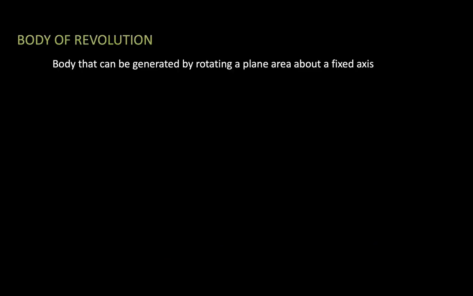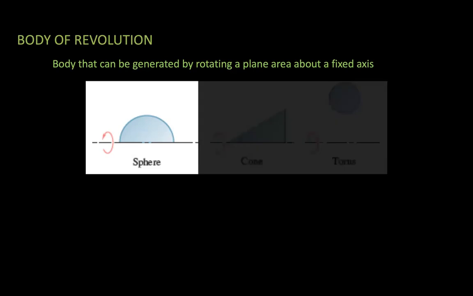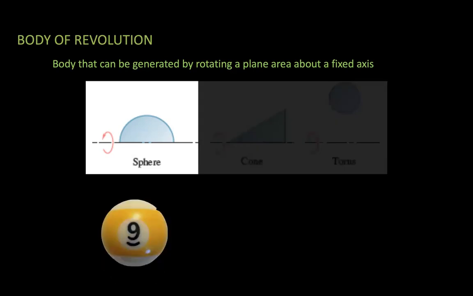We can also have bodies of revolution. A body of revolution is a body that can be generated by rotating a plane area about a fixed axis. So we can have rotating a semicircle area, rotating a triangle, and rotating a circular area. For the sphere, we can have billiard balls.